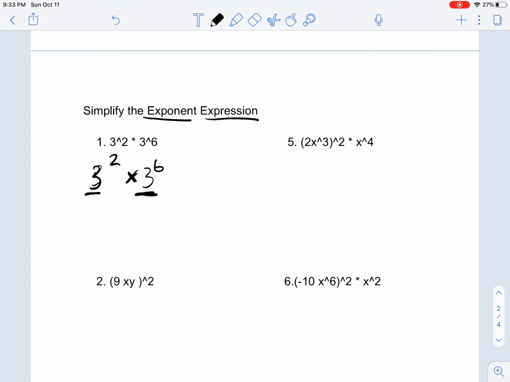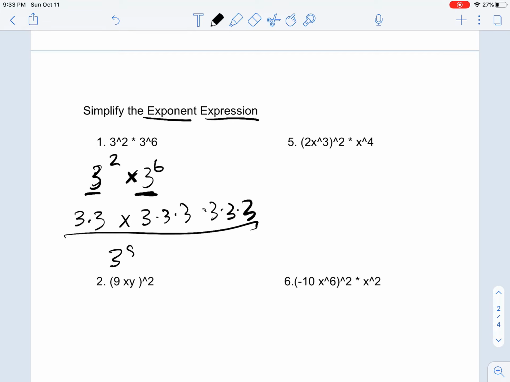To show you why this is possible, if you factor this out, that would be 3 times 3 times 3 times 3 times 3 times 3 times 3 times 3. This is basically equal to 3 to the 8th, because that's how many times the 3 is repeating.